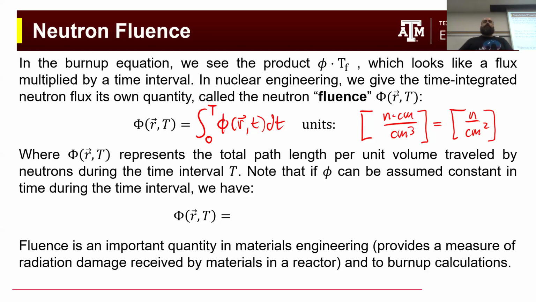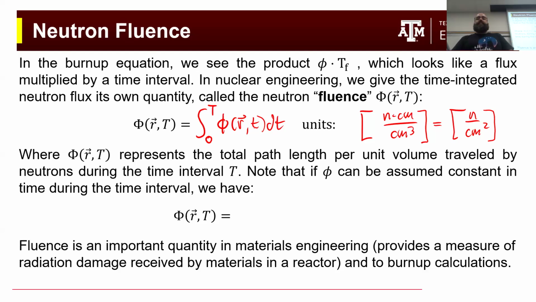In material science, there's a quantity called displacements per atom, which is basically like if you think about your structures as a crystalline lattice of atoms, then how many displacements do those atoms make per atom in your system? The fluence is directly related to that. And the displacements per atom is what relates to material damage, which over time causes things like radiation-induced embrittlement and stresses and things like that.